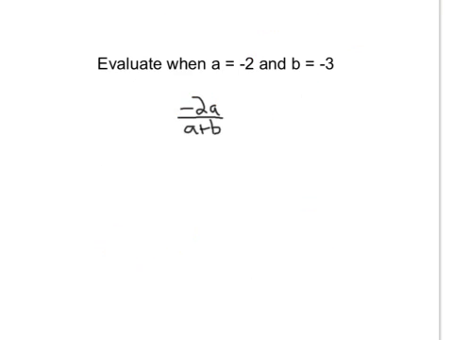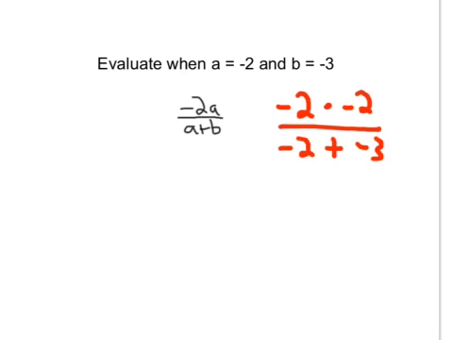Okay, this one says evaluate when a equals negative 2 and b equals negative 3. Now remember, ladies and gentlemen, evaluate means to plug in the answer and solve. So we're going to plug in the numbers, and you need to show me this substitution. So negative 2 times a, which is negative 2, all over a is negative 2 plus b is negative 3.